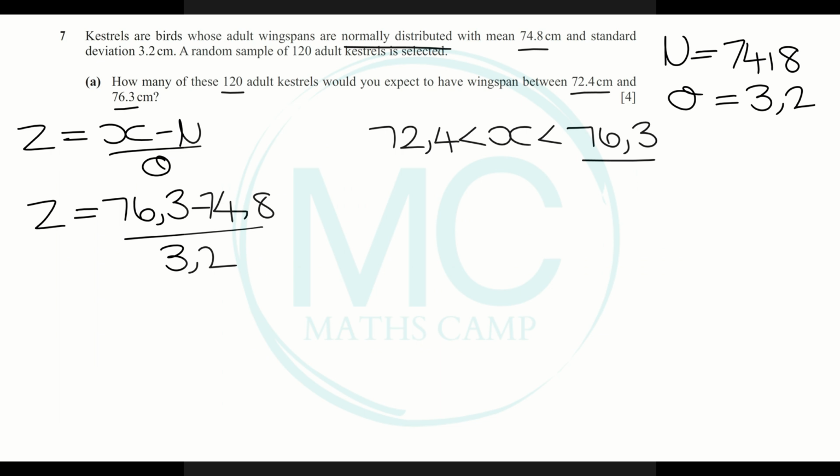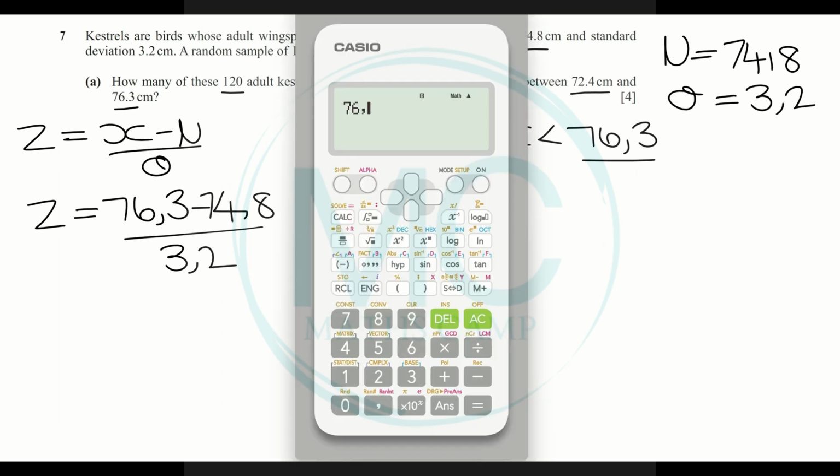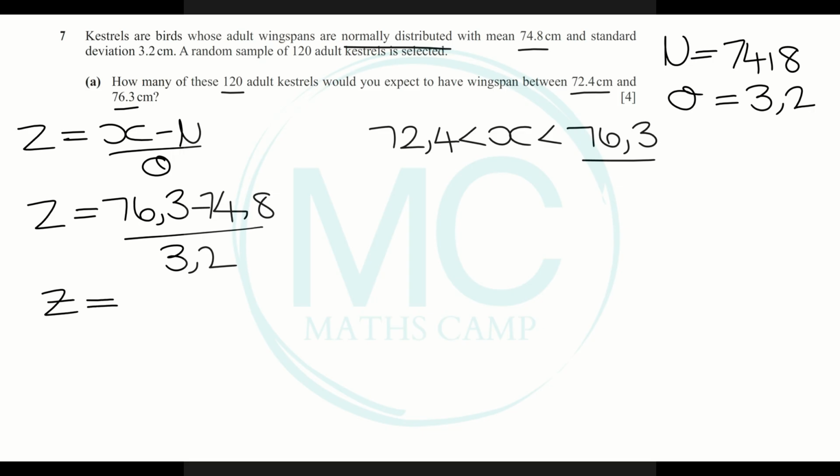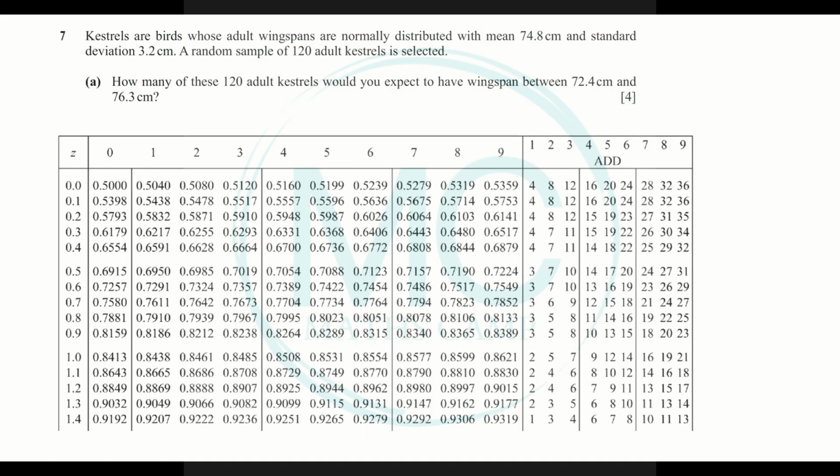Now I can take my calculator. I can say 76,3 minus 74,8 divided by 3,2 is equal to 0,46875. When finding a value for Z, round off to 3 decimal places. So in this case, Z is equal to 0,469. Now I can look at my distribution table. We have 0,4. 6 gives us 0,6772. I'm going to write this up here.